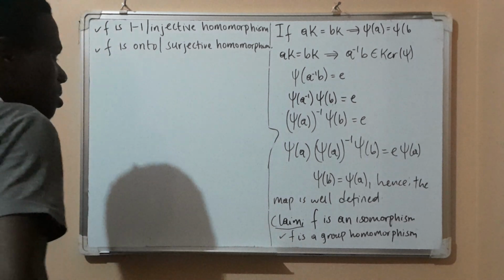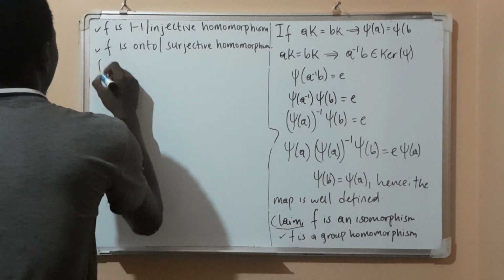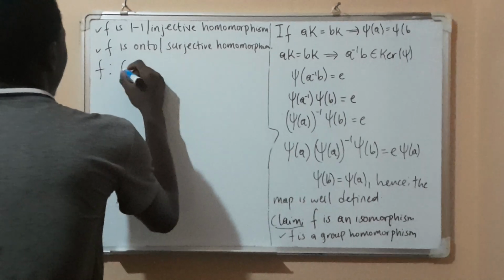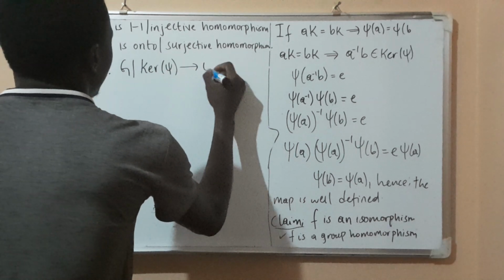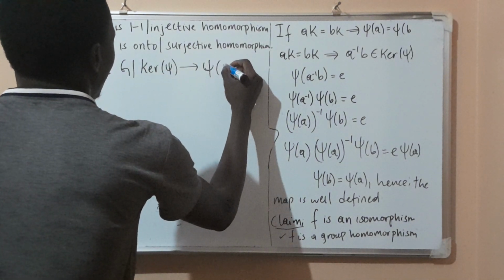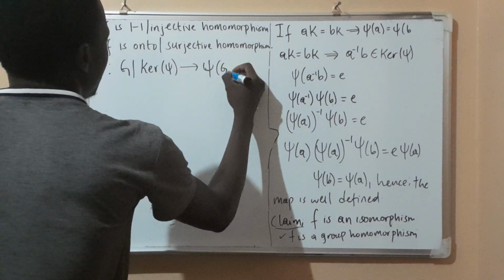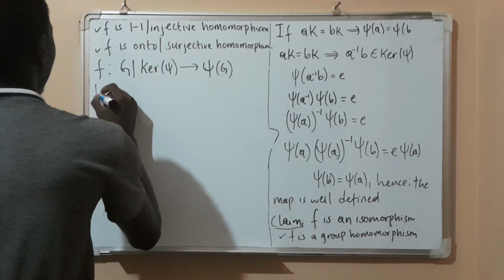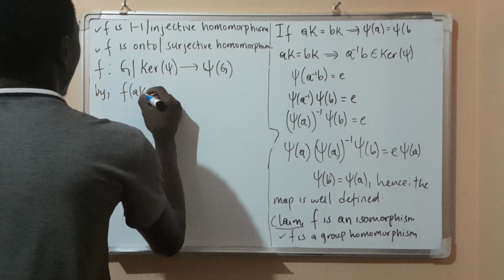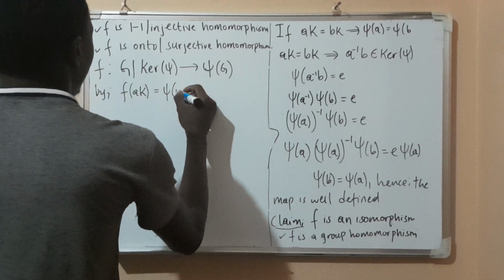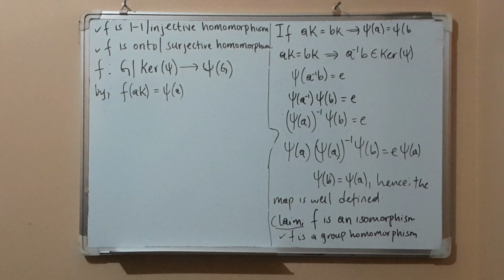So we defined F as mapping the factor group G over kernel of phi to phi of G. We define this by F of AK equals phi of A. We are going to prove that F is a group homomorphism.